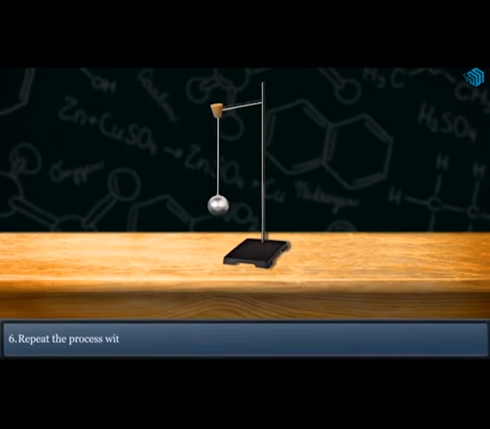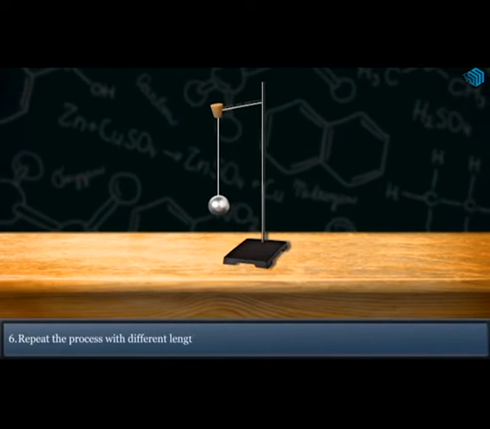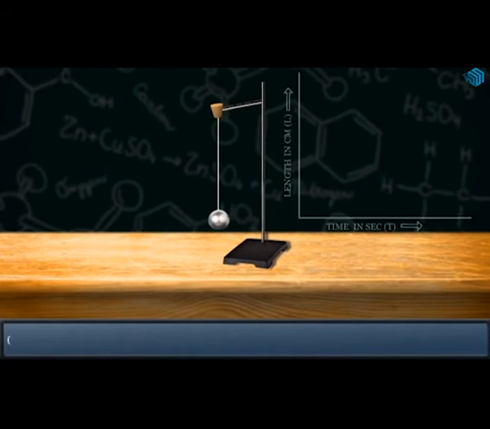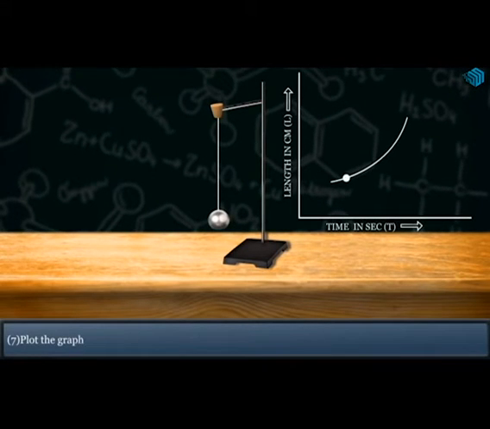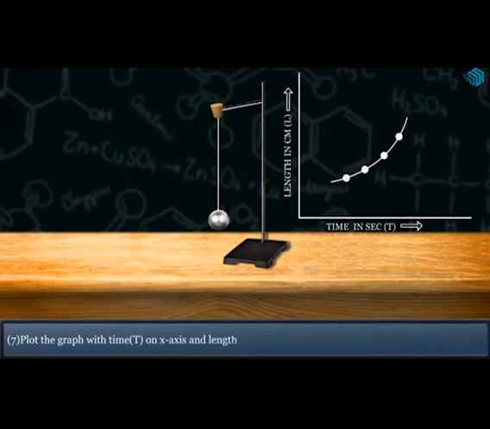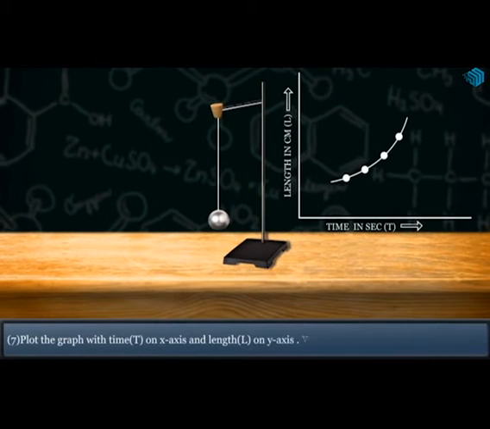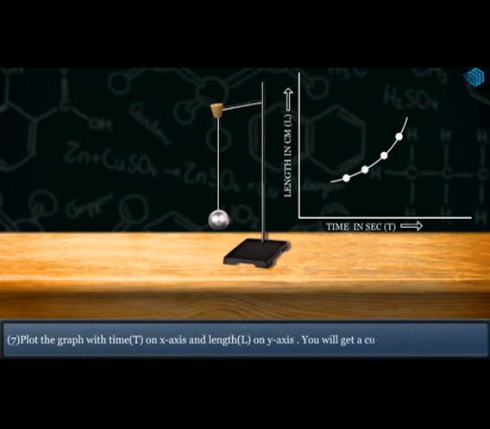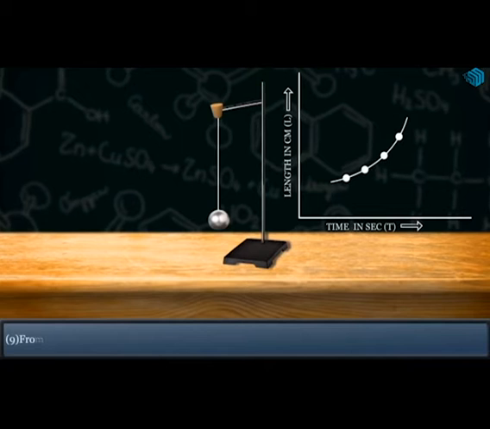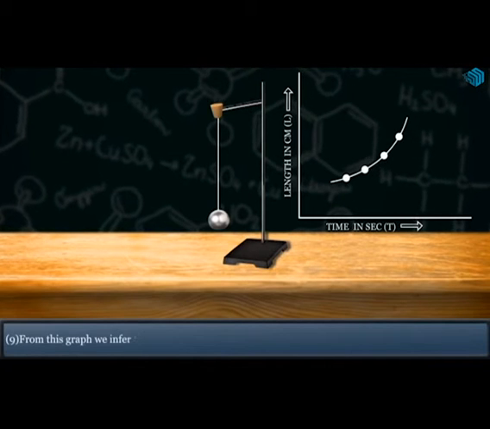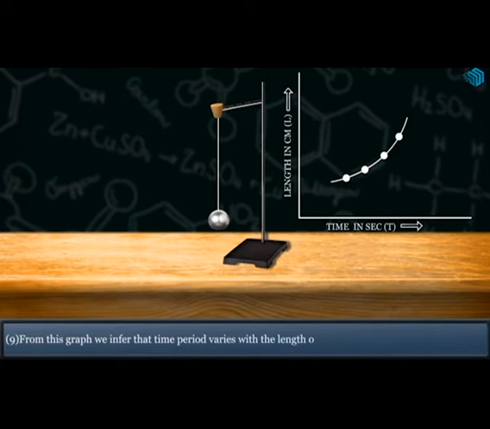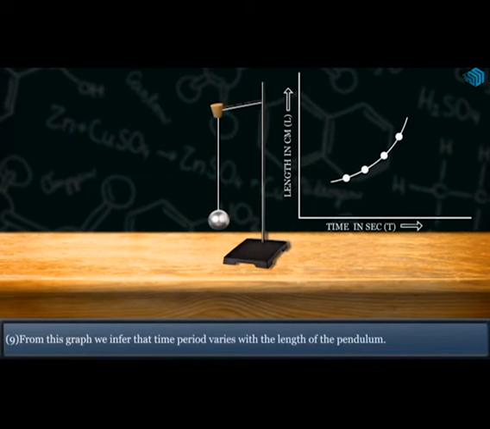Repeat the process with different lengths of pendulum. 7. Plot a graph with time on its x-axis and length on its y-axis and you will get a curve graph. From this graph, we infer that the time period varies with the length of the pendulum.